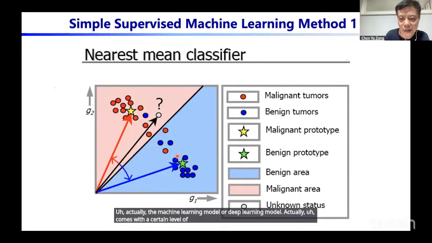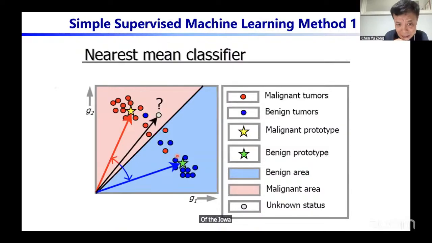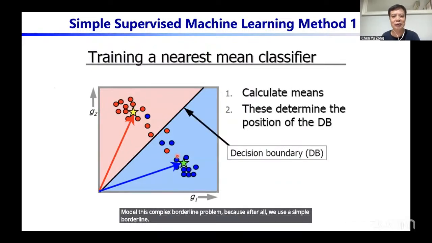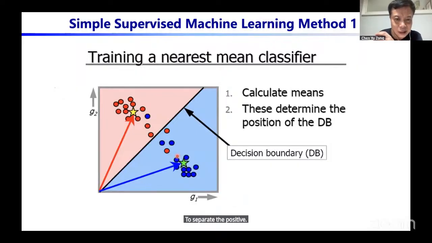This is one example of the error, because of the inability of the model to really model this complex borderline problem, because after all, we use a simple borderline to separate the positive and the negative samples.